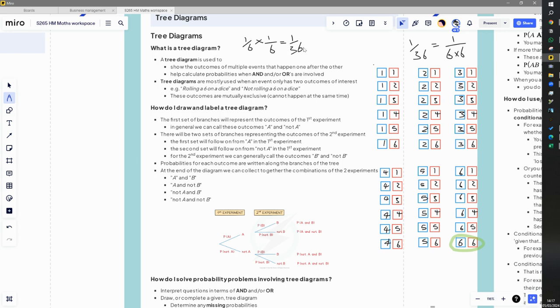We use this multiplication symbol when we're doing something that means and. What I mean by that is we wanted a 6 and another 6. So when we are trying to work out the probability of something happening, we multiply the probabilities.